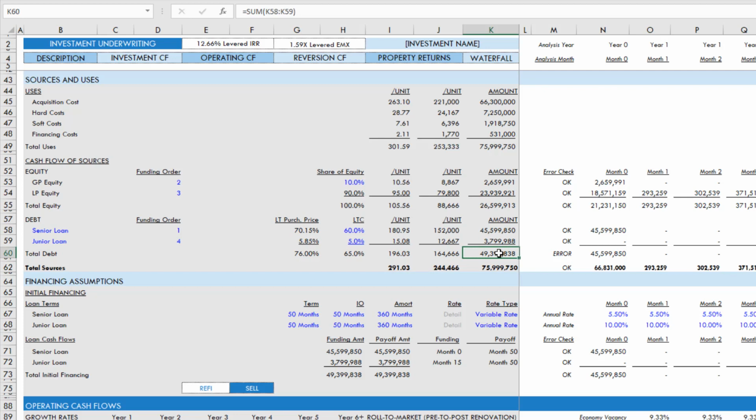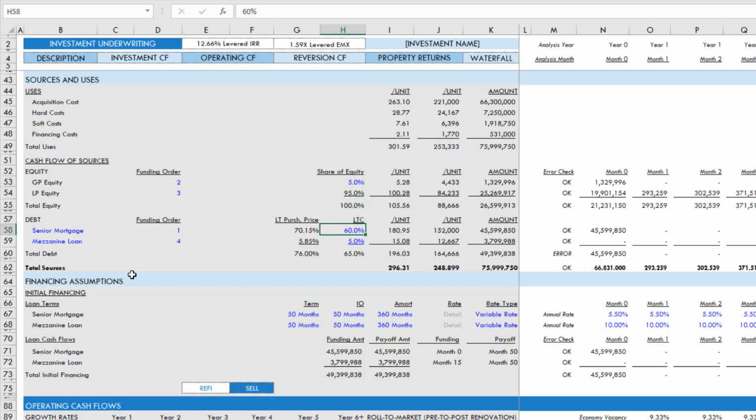The difference between that and the total uses, or the required sources, would be the required debt. Now in terms of debt, we have blue font cells, and it allows you to add some names here. So I'll call this senior mortgage, and then I'll call this mezzanine loan. In terms of share of equity, the GP will contribute 5% of the required equity.